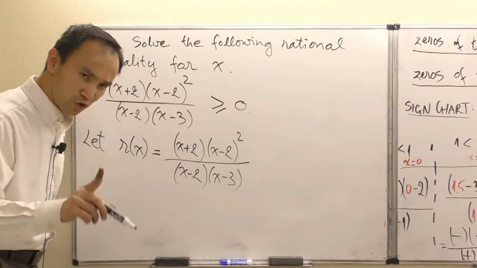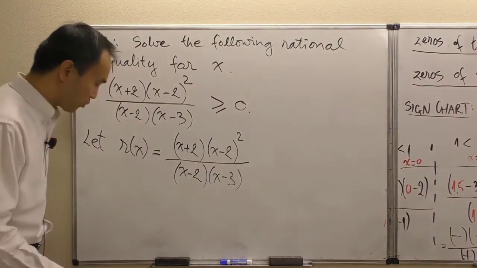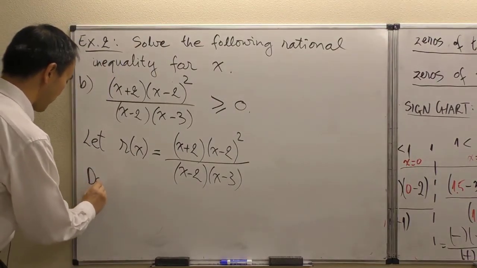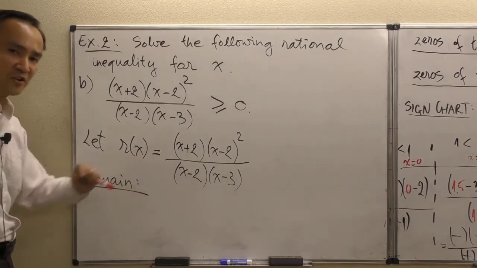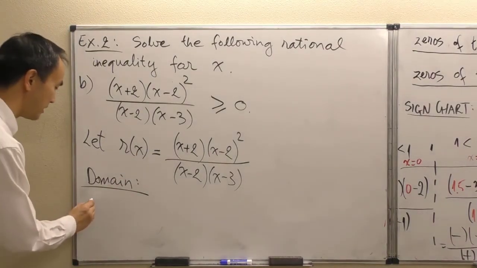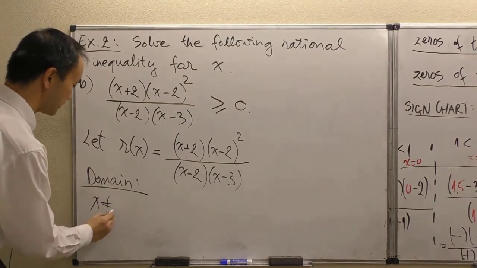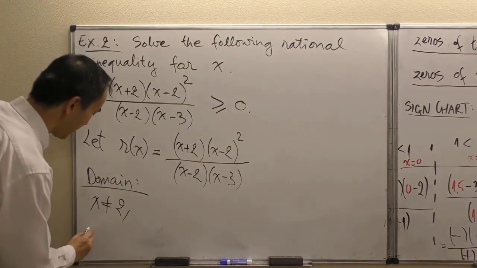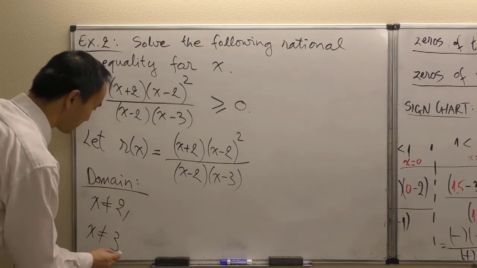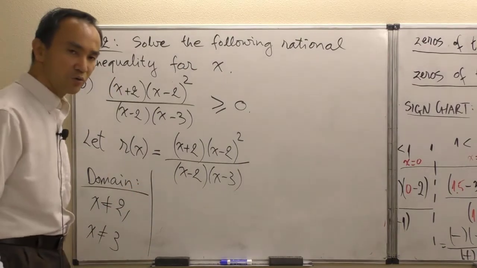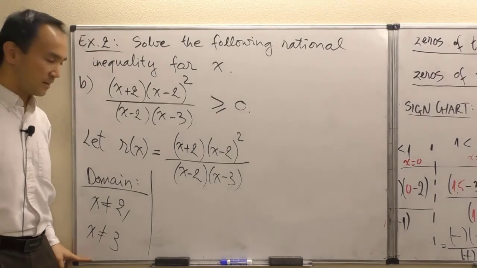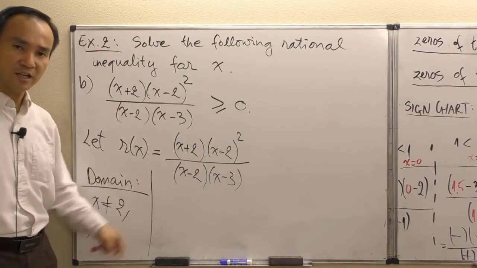We've got to find the domain before we do any simplification work. All right, so the domain for this particular rational function is going to be any x value except 2 and any x value except 3. So the domain excludes these two x values. Okay, x cannot equal 2 and x cannot equal 3.